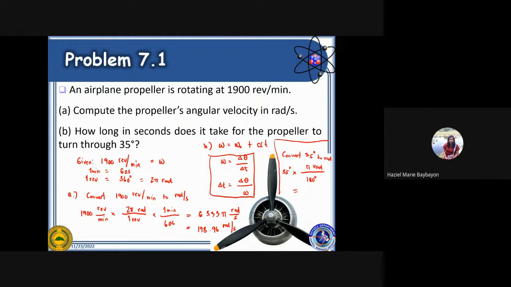So, pila siya ka-radians, class? Or pwede na 35 over 180 times pi. 0.6109. Okay. Or you can just use atong calculator. 0.61, ma'am. 0.61, no? Okay. Yes, ma'am. Okay, 0.61.